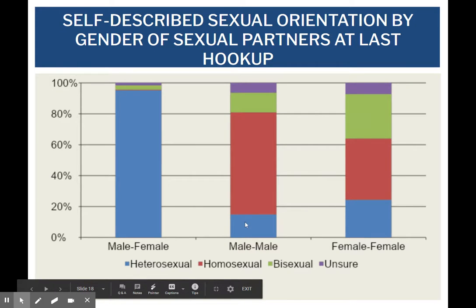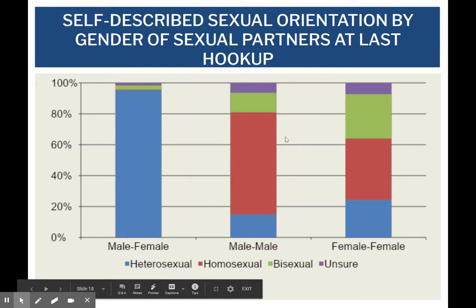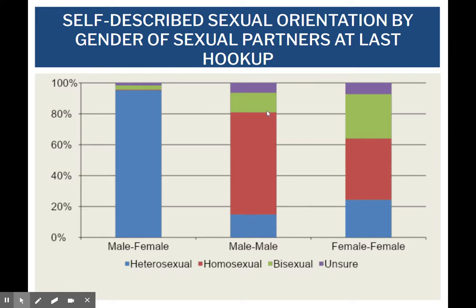It was a fairly low number of men respondents who said that their last hookup was with two men that identified as heterosexual. The vast majority identify as homosexual, a few as bisexual, and a bit more as unsure. We see a very similar number over here for folks whose last hookup was with two females. Similar amount of unsureness.